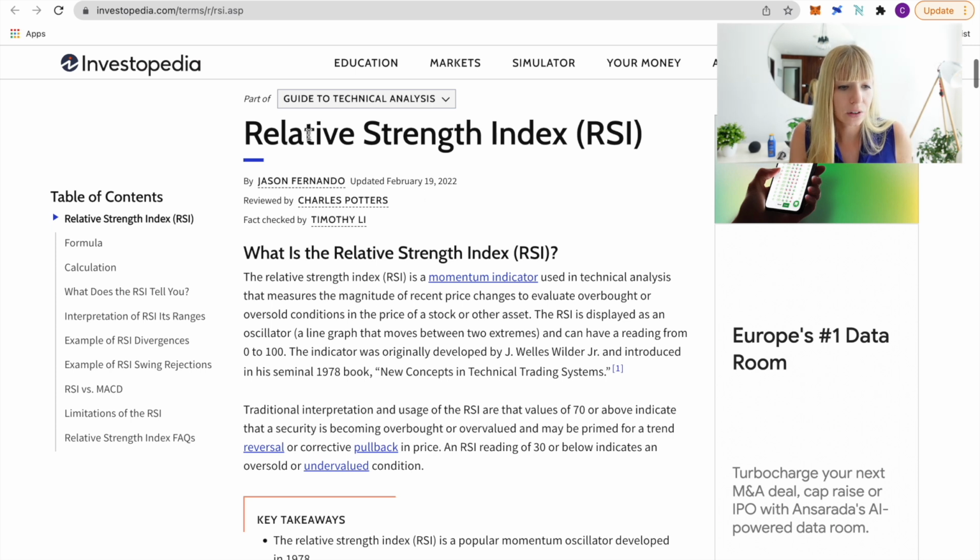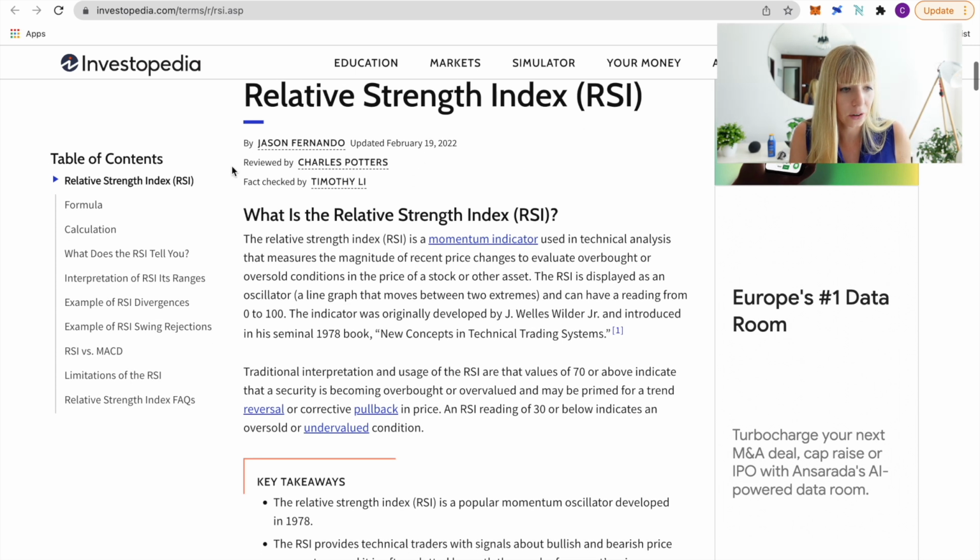RSI stands for Relative Strength Index, and according to Investopedia, this is the definition. The Relative Strength Index RSI is a momentum indicator used in technical analysis that measures the magnitude of recent price changes to evaluate overbought or oversold conditions in the price of a stock or other asset. The RSI is displayed as an oscillator, a line graph that moves between 2 extremes and can have a reading from 0 to 100.